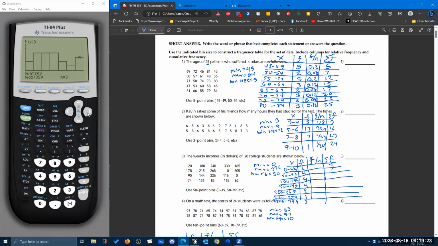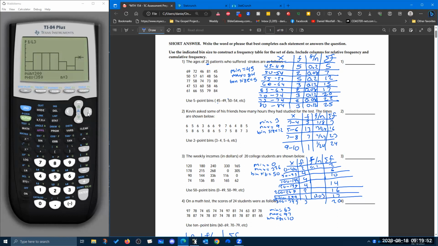So 2 plus 4 is 6, plus 4 is 10, plus 4 is 14, plus 2 is 16, plus 1 is 17, plus 3 is 20. I do have 20 values. 4 by 5 is 20. So 2 divided by 20 is 1/10. 1 divided by 20 is 0.05.